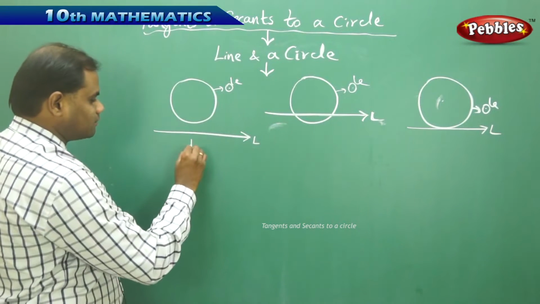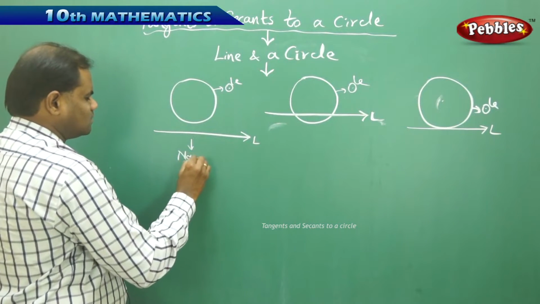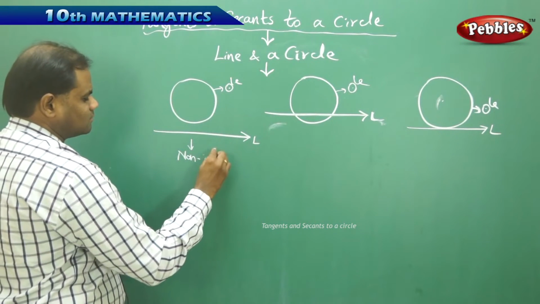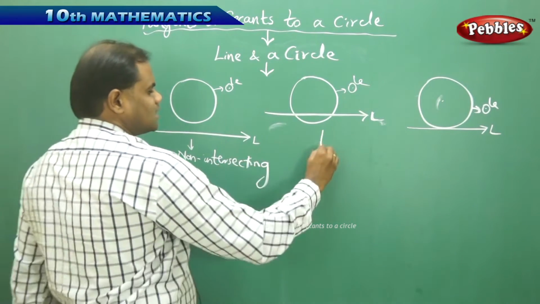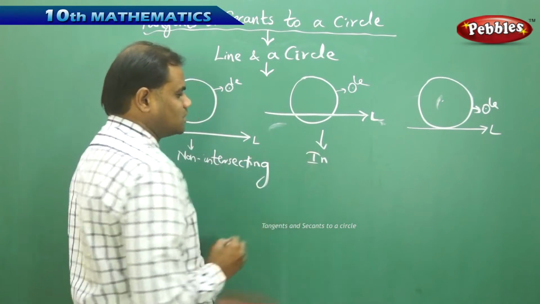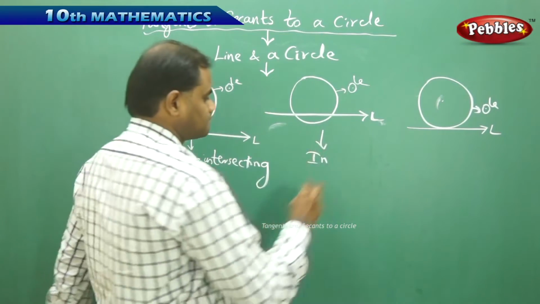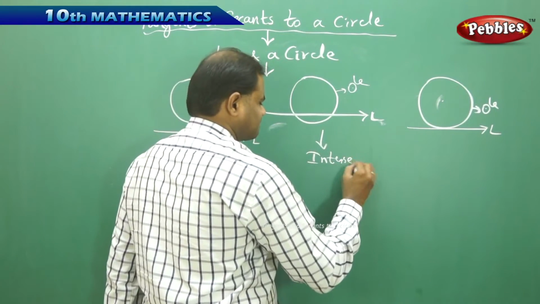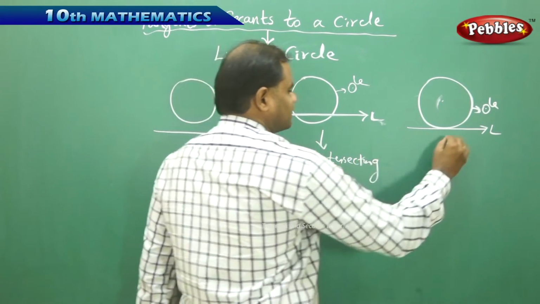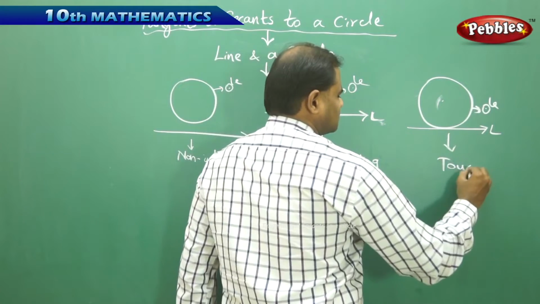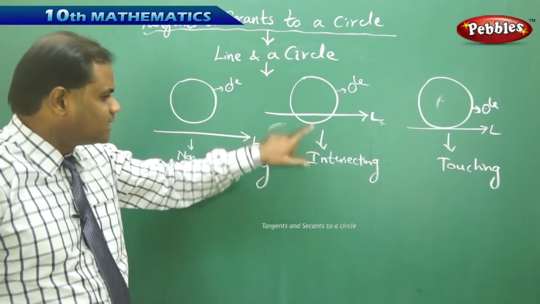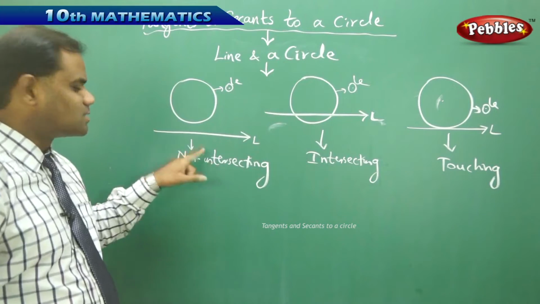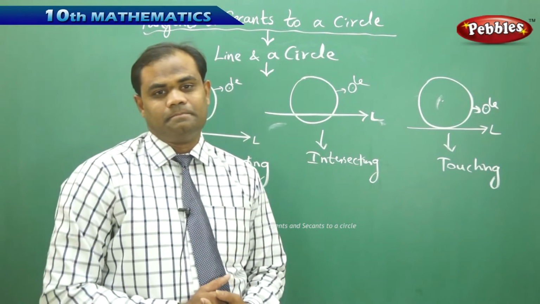So usually I refer to this as non-intersecting. I refer to this as intersecting, of course, intersecting at 2 points. And I refer to this as touching, because the line touches the circle here, the line intersects the circle here, and the line does not intersect the circle here.